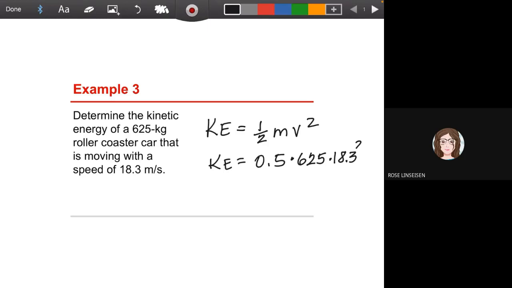On these problems, be real careful how you're putting this into your calculator. It's so easy to put it in wrong, and then, of course, you get the wrong answer. So if I multiply one half times my mass times my velocity squared, I get 104,653.13 joules of kinetic energy.